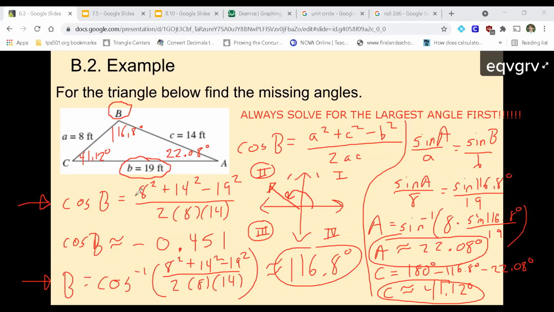And if you spot check your work, you see that the biggest angle is opposite the biggest side, the smallest angle is opposite the smallest side, and the medium angle is opposite the medium side. All is right with the world.